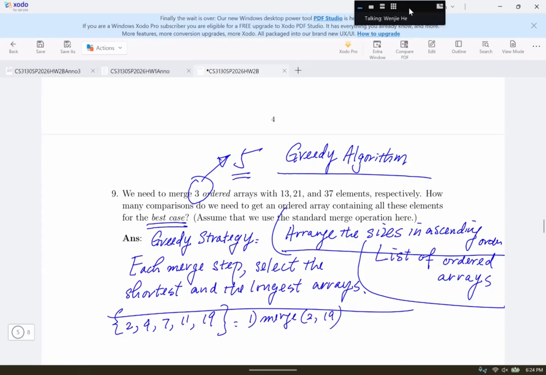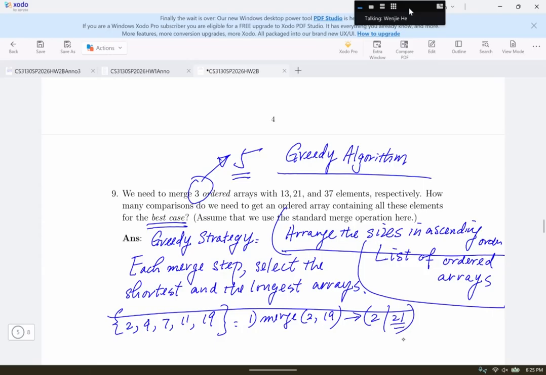For 2 and 19, the minimum number of comparisons, because this is the best case, is 2. The size of the result is 21.